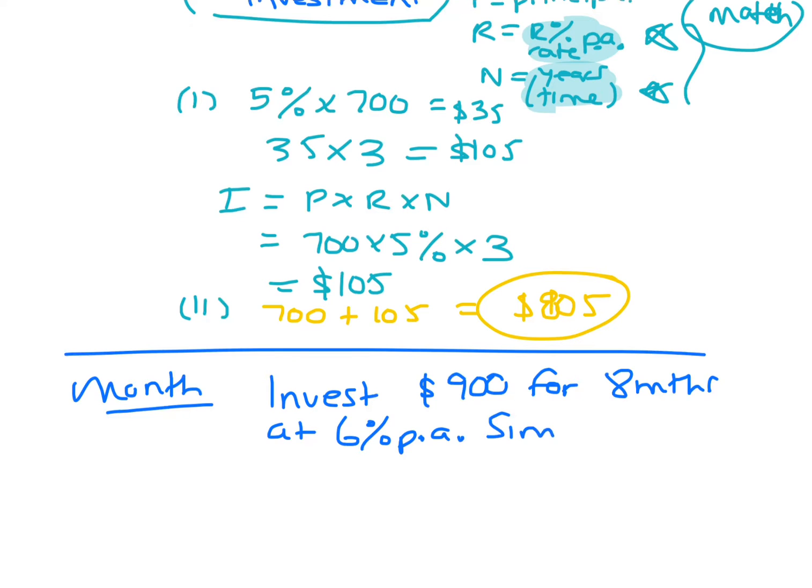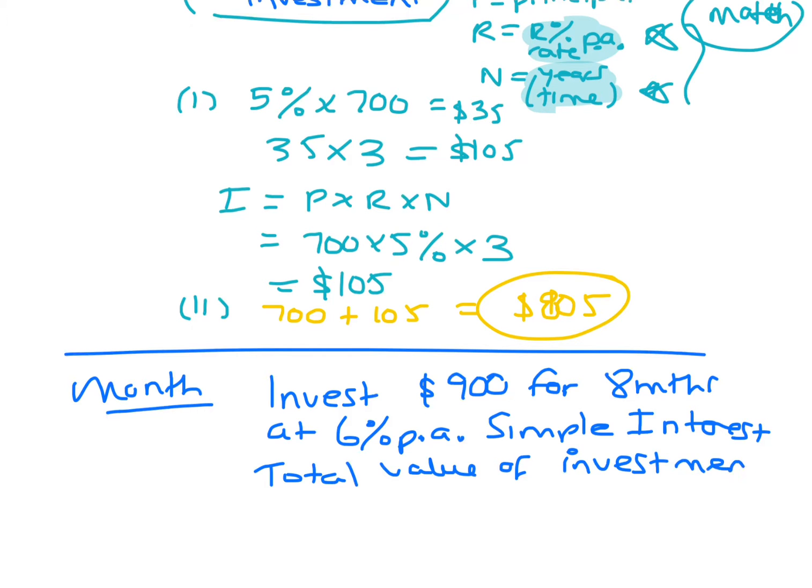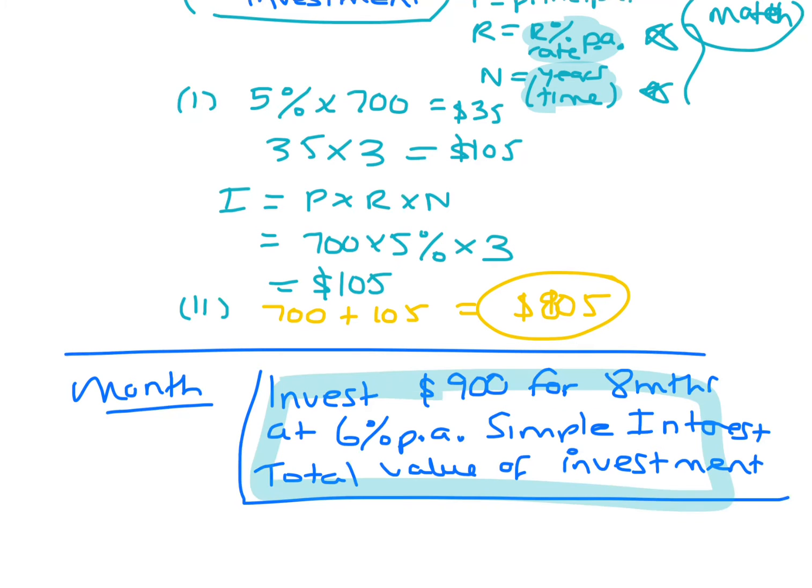Okay, simple interest. So what is the total value of the investment? So we've asked for the total value here. So you're not talking about just the interest on its own. You want to add the interest on to what the principal is.